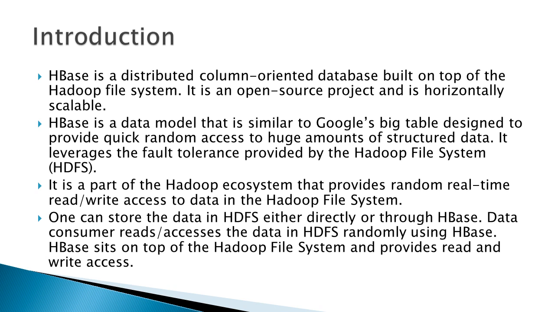HDFS is the Hadoop distributed file system where you can store data through HBase or directly through the HDFS file system. So the data consumer accesses the data in HDFS randomly using HBase. HBase sits on top of the Hadoop file system and provides read and write access.